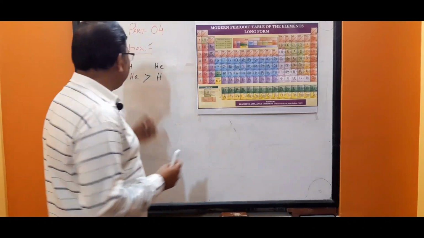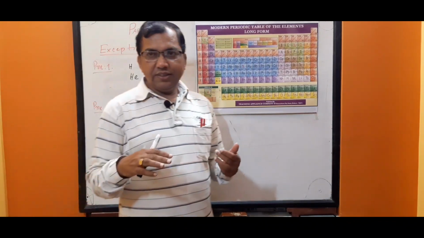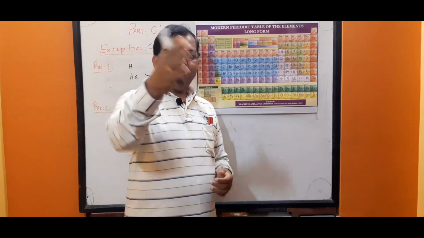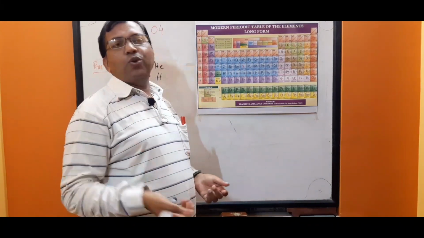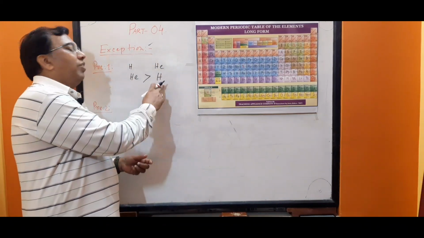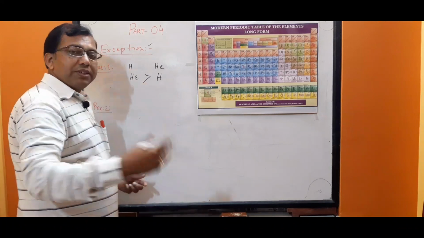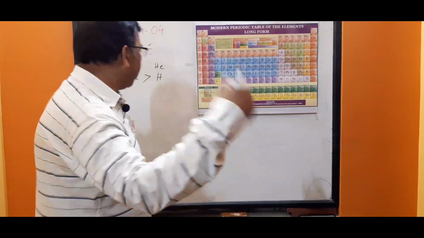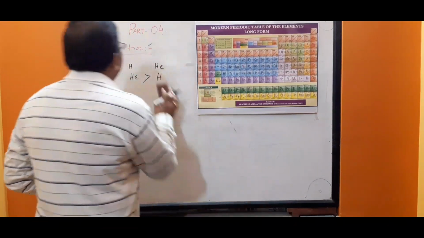What we learned in the case of hydrogen is a covalent bond. Then what we learned just a few minutes ago is that the van der Waals radius is greater than the covalent radius. So the radius of helium is greater than the radius of hydrogen. Correct?